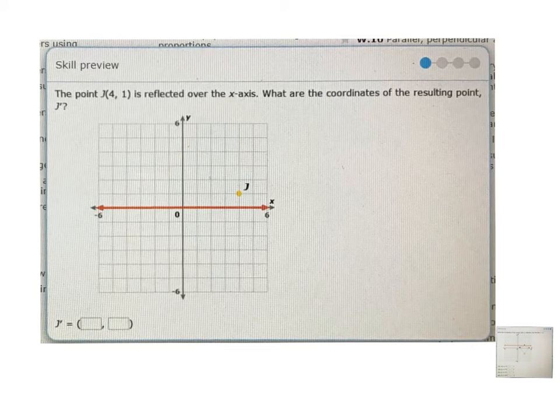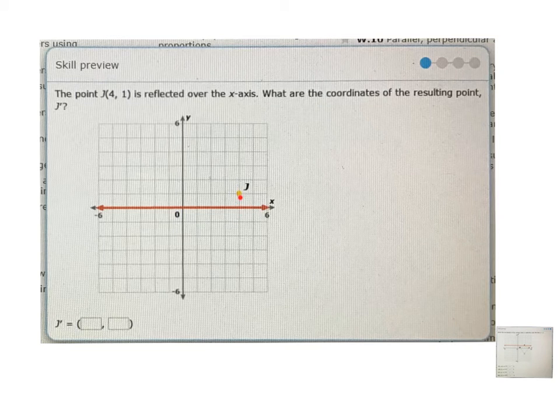In these last two examples, we're doing the same thing, but again, it just wants us to think a little bit more about the coordinates. So the point J, 4 and 1, is reflected over the x-axis. What are the coordinates of the resulting point J1? So J1 is obviously going to be about, let's see here, right?